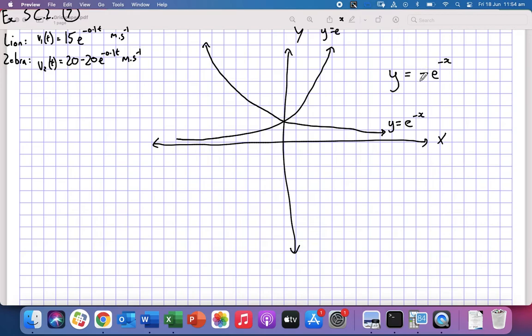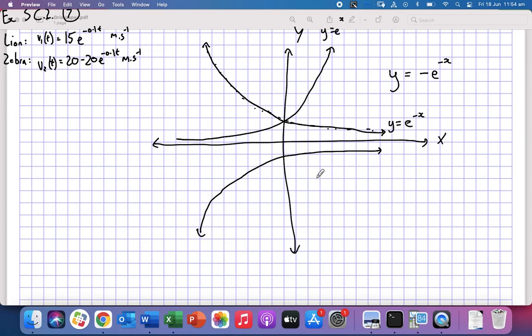But then we've got a minus here as well. So that's going to take all of these points, and then you're going to make them all negative. So you're getting this type of shape, right? So this is for the zebra now.